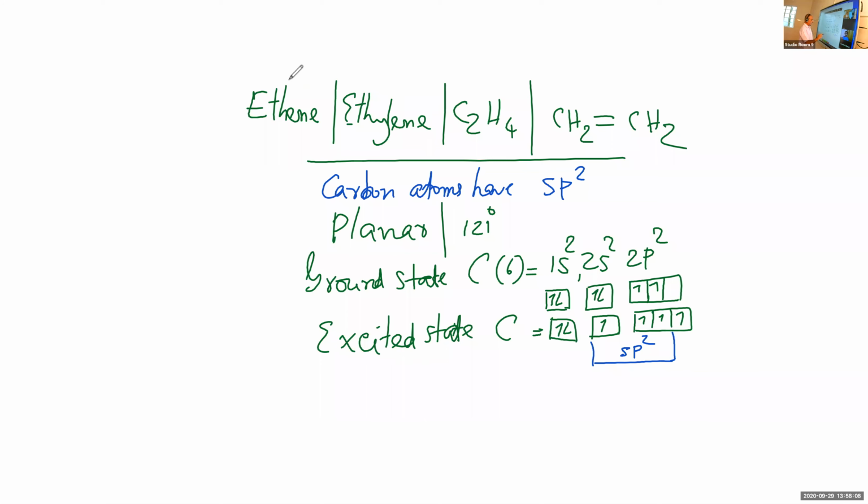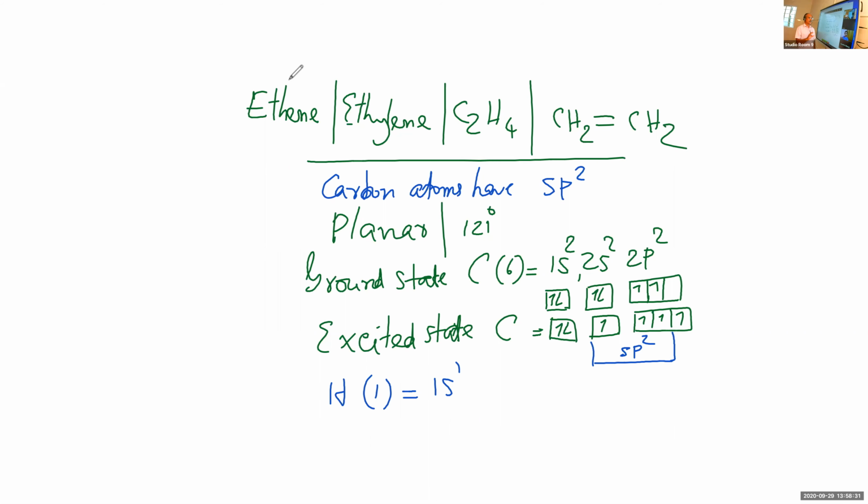And what about hydrogen? Atomic number is equal to 1. The configuration is 1s1. So both the carbon atoms have sp2 hybridization with three sp2 hybrid orbitals. And these are directed towards the coordinates of an equilateral triangle.